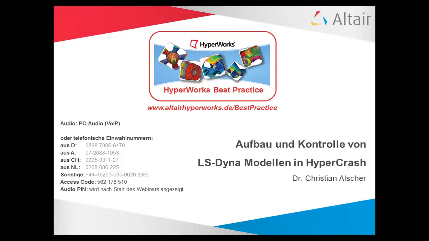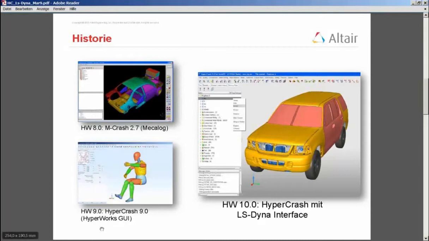So first of all, let me give you a little bit of historic information about HyperCrash. HyperCrash was developed together with Radioss, with explicit code Radioss, and the preprocessor was formerly called mCrash from the company called Mechalog.